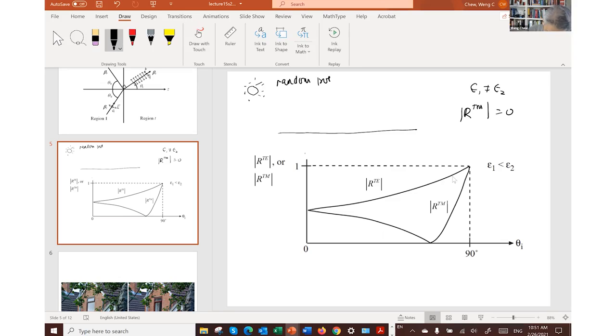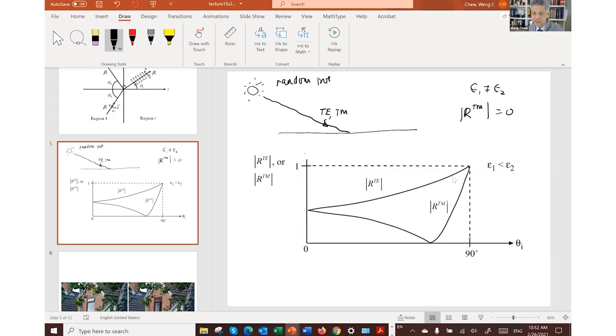If you have light impinging on the surface of the Earth, that light is a mixture of TE and TM polarization coming in. Since it's randomly polarized, it will have both polarizations.